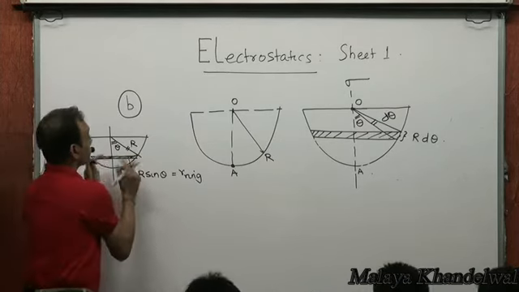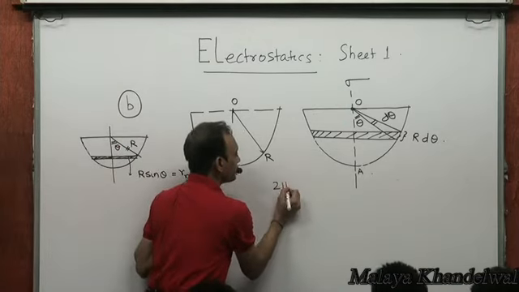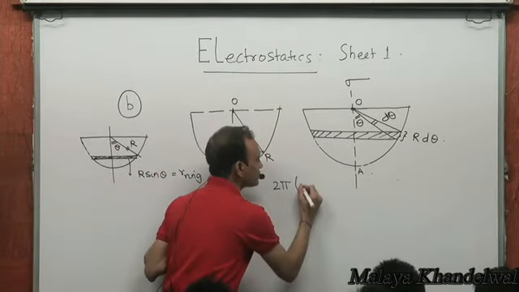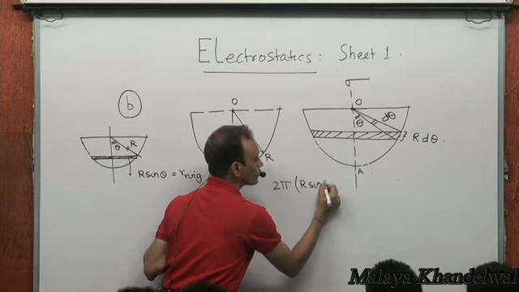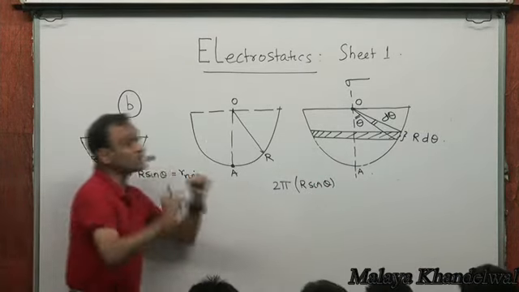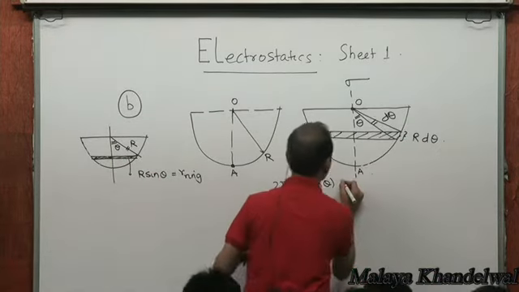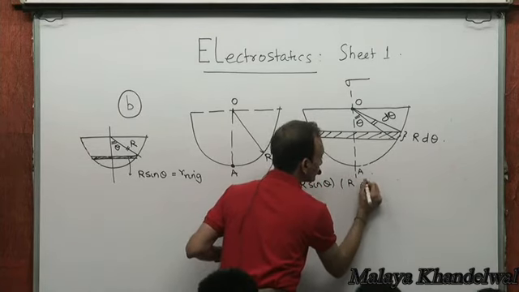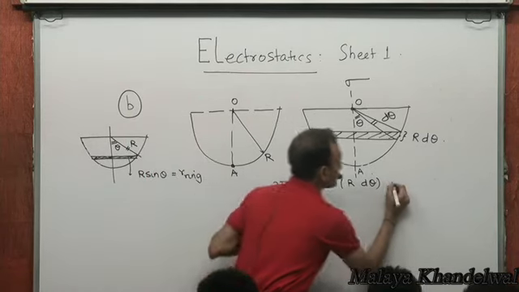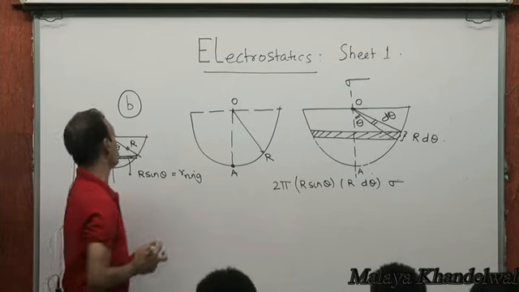So the circumference of this ring is going to be 2 pi into small r, which is r sine theta. Now the surface area of this ring is circumference into r d theta. Into sigma will give me the charge on this ring, yes or no?